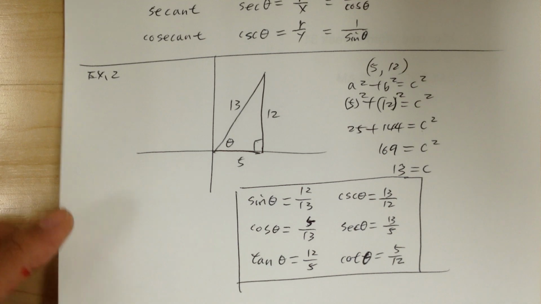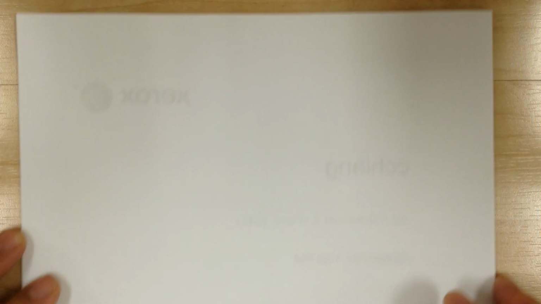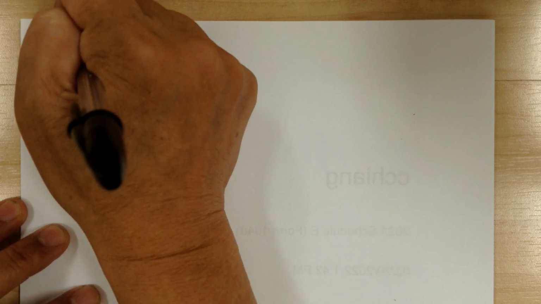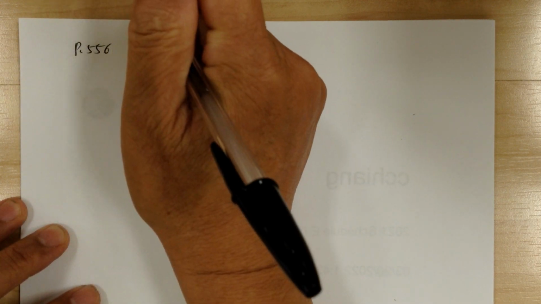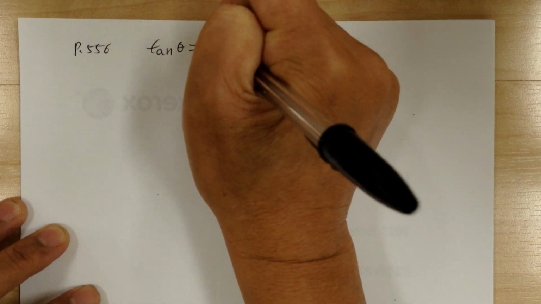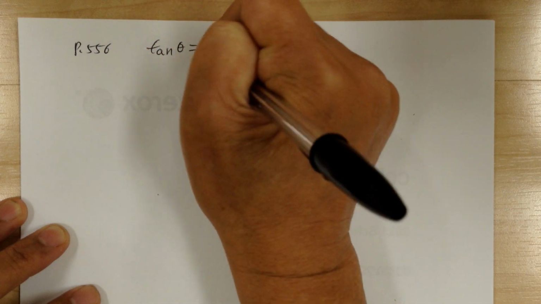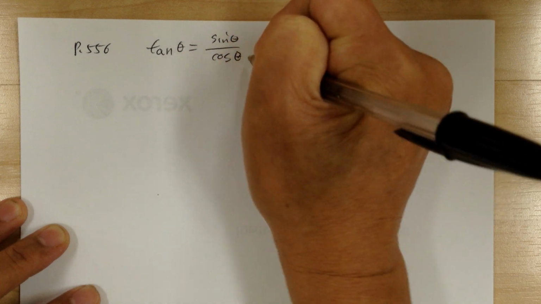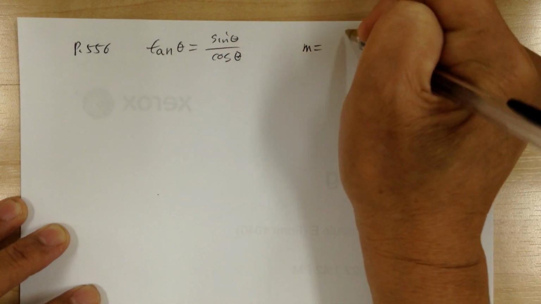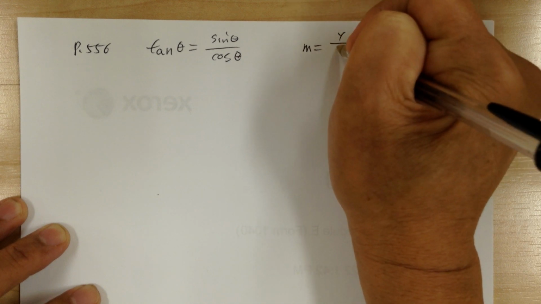There are more definitions that you need to know, the relationships between them. So on page 556, you also have another one that you see a lot: tangent of theta equal to sine theta over cosine theta. Remember, tangent is your slope, right? So this is basically saying the slope equals the y over the x.